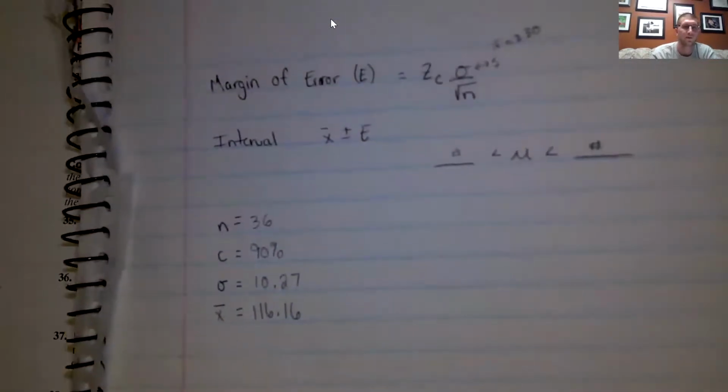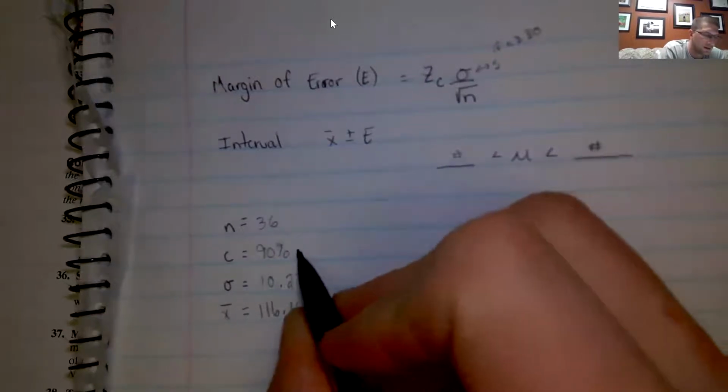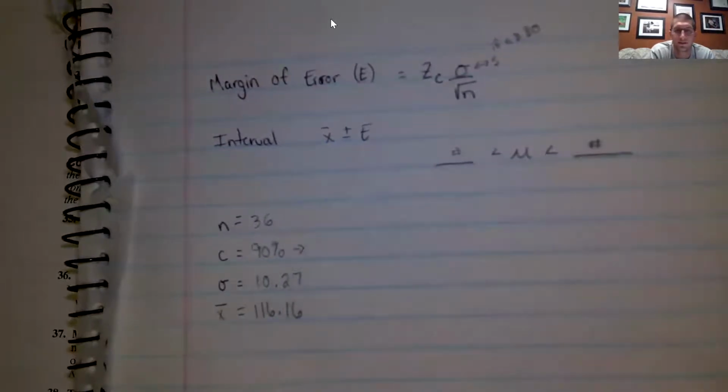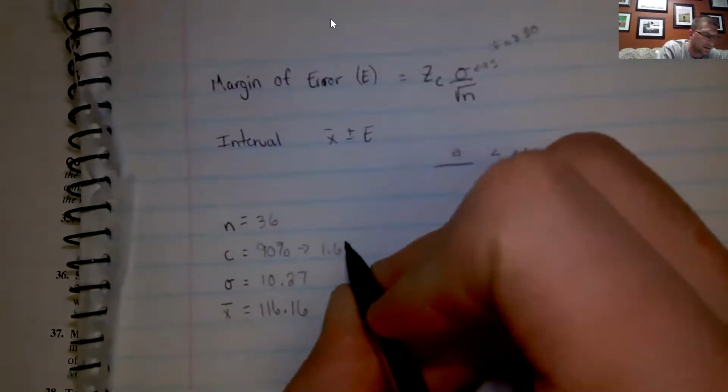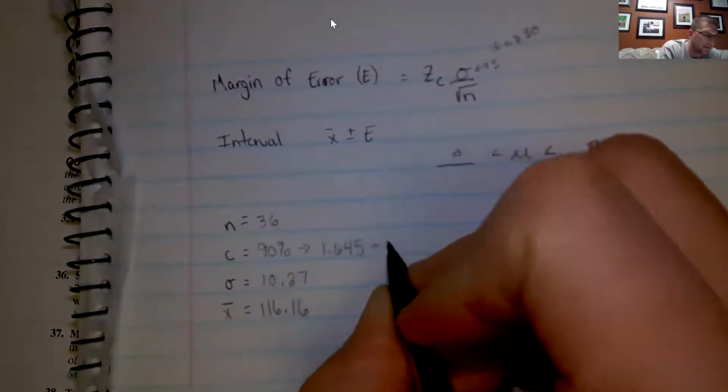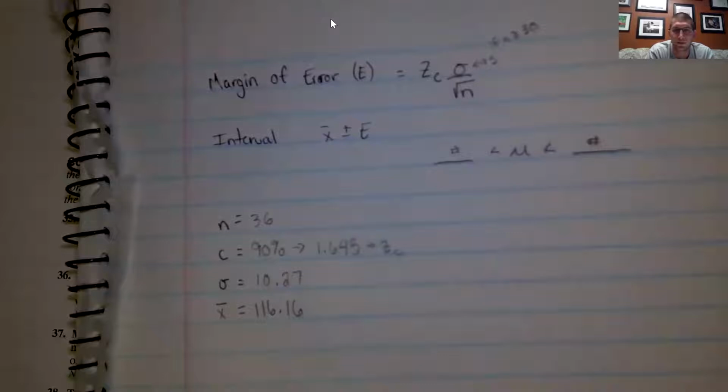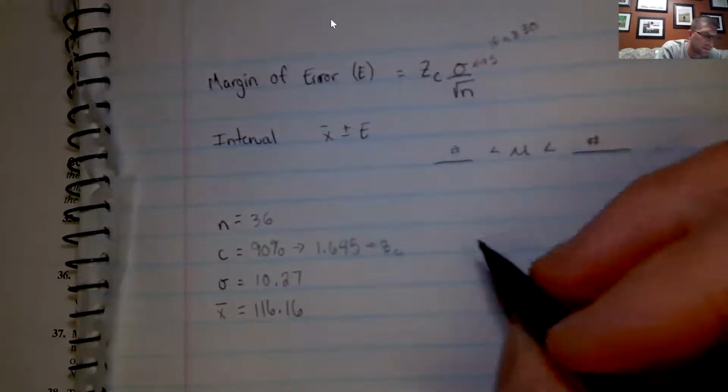I'll be using these formulas. So if you go to your notes, you should have a z-score for 90%. 90% should be that 1.645 value. That's our zc for 90%. Then we'll just put it into the formula.